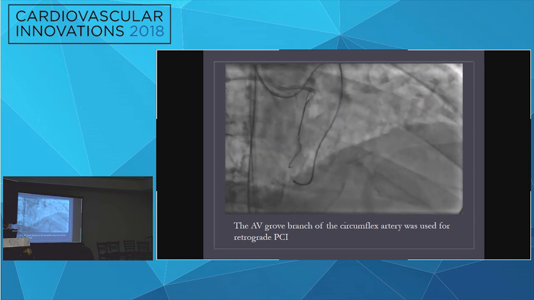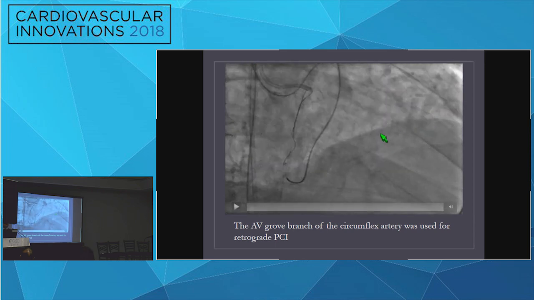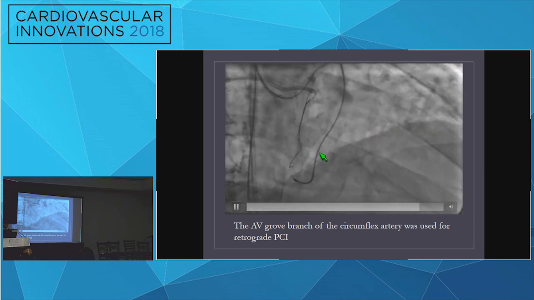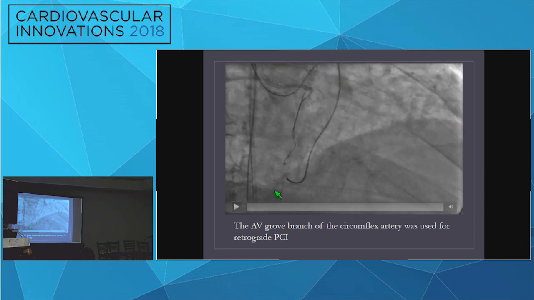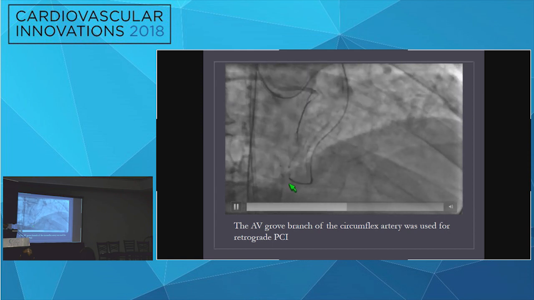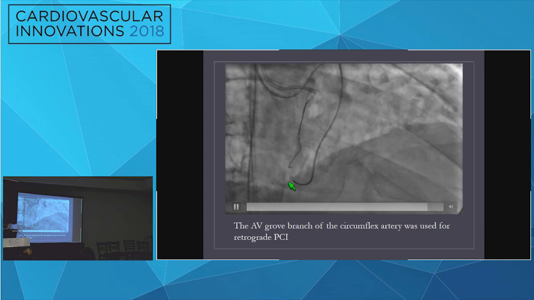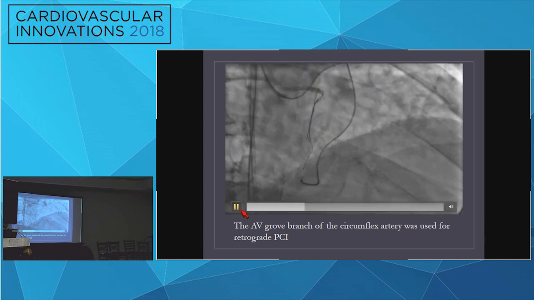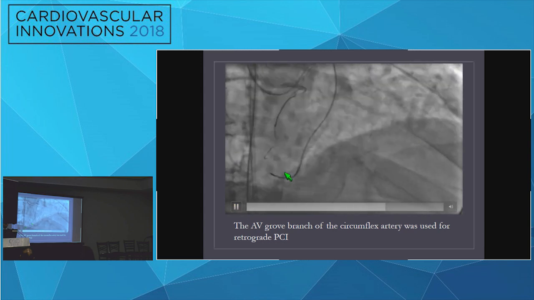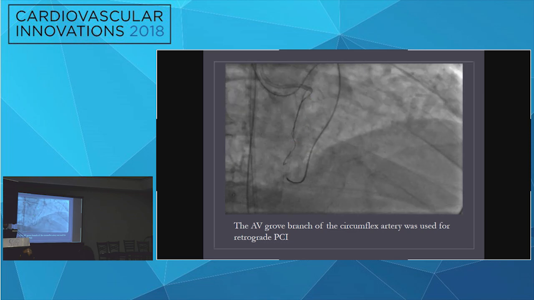In the circumflex, we selected the AV groove branch and were able to advance both into the AV groove branch, then the PLV, and Corsair was not able to go any further beyond this point. The Pilot 50, we were able to advance it all the way up retrogradely into the aorta. I tried to snare it.